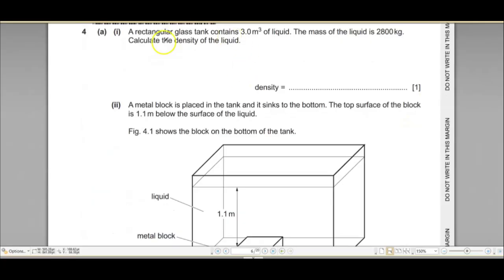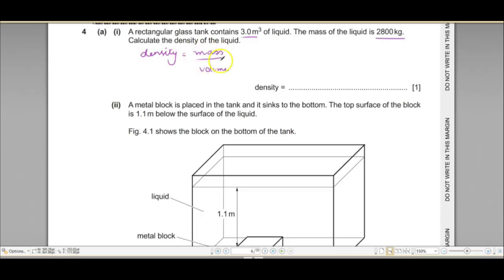Question number 4. A rectangular glass tank contains a 3.0 meter cube of liquid. The mass of the liquid is 2800 kgs. Calculate the density of the liquid. Okay. Density of the liquid or density of anything can be calculated by density is equal to mass over volume.